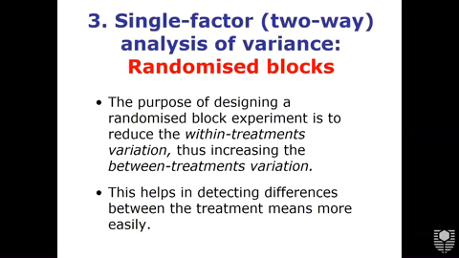The purpose of designing a randomized block experiment is to reduce the within-treatment variation, thus increasing the between variations. Right? This helps in detecting differences between the treatment means more easily, because we want to detect the difference between the treatments. That's what we are going to do.